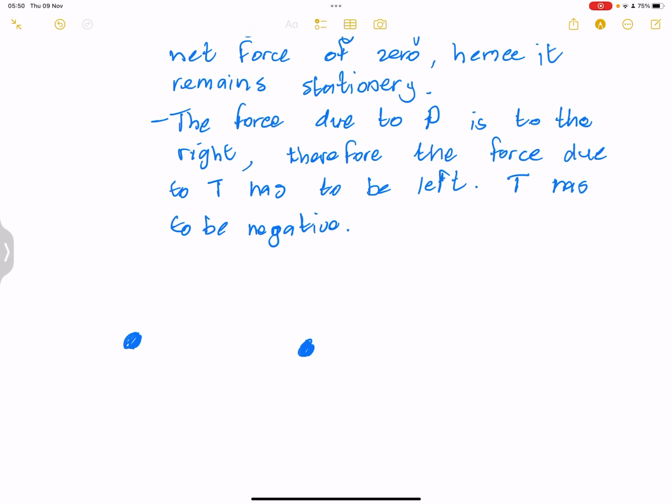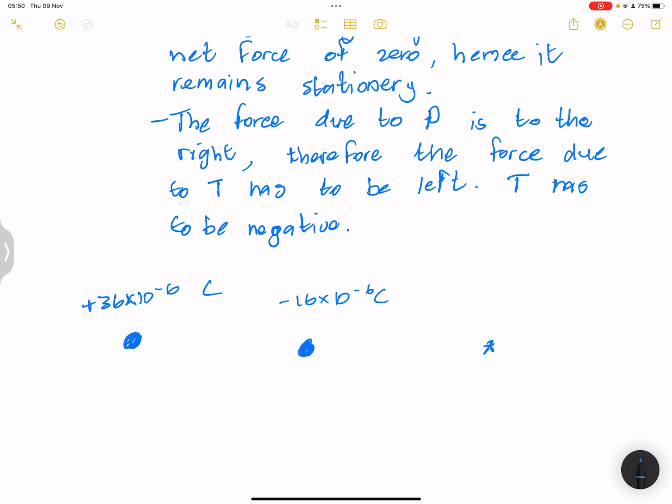We've got P and T. We know that's 36 times 10 to the minus 6. This is 16. Now we know it's negative, both of them. And here is our point charge.